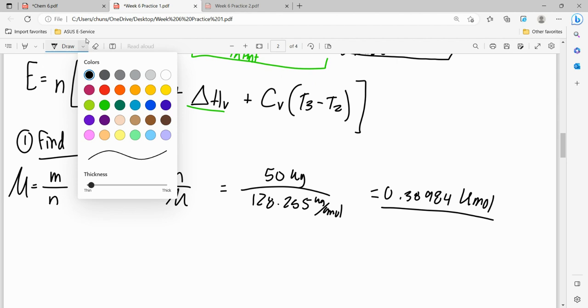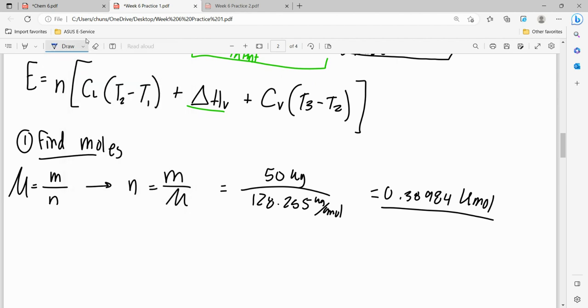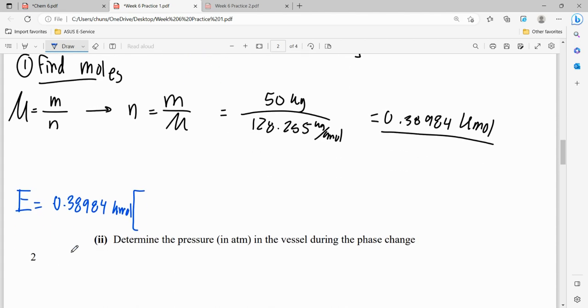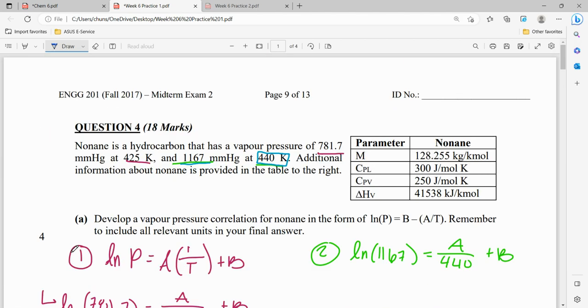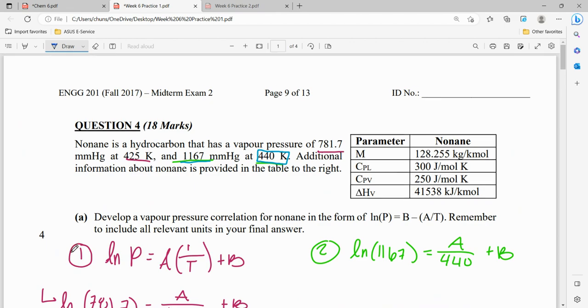Okay, and now we're going to plug in for our equation. So our energy is equal to our moles, and we want our heat capacity of our liquid. So this is 300.